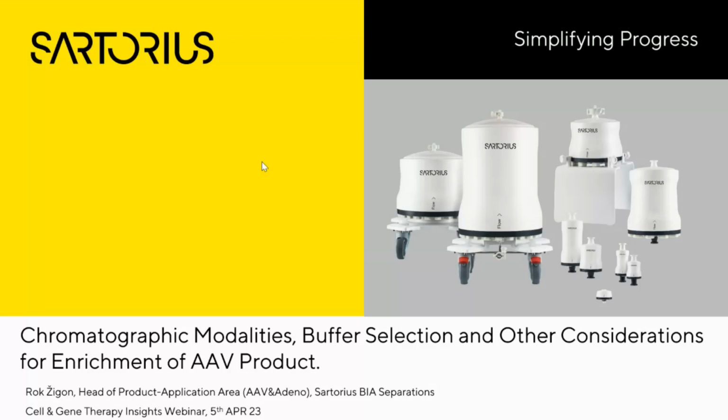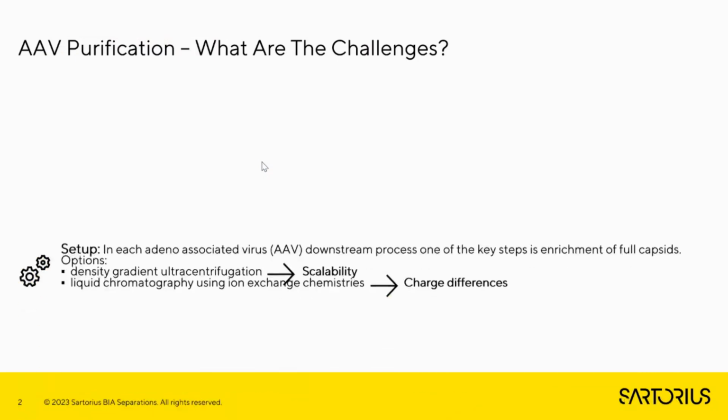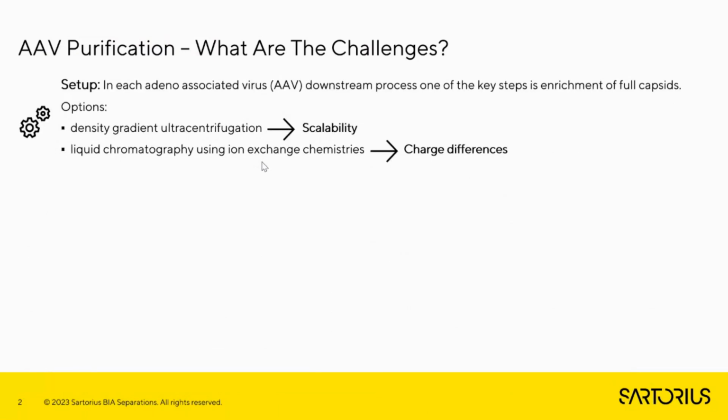Thank you, Abby, for this introduction, and I would like to welcome you all and thank you for joining the webinar. To start, we want to focus on the challenges in our AAV purification. As background, in each adeno-associated virus downstream purification, one of the key steps is the enrichment of full capsids.